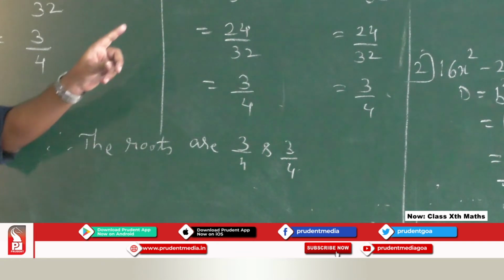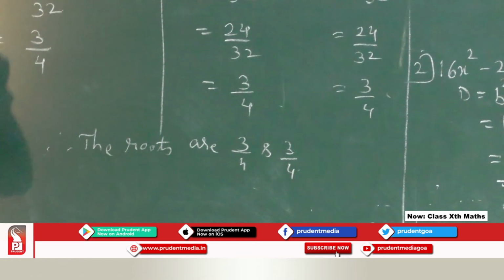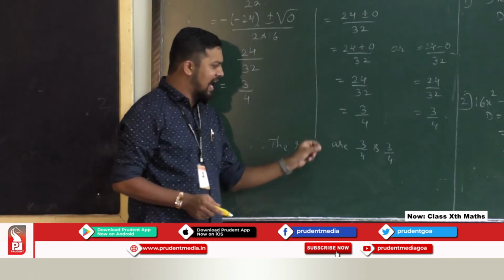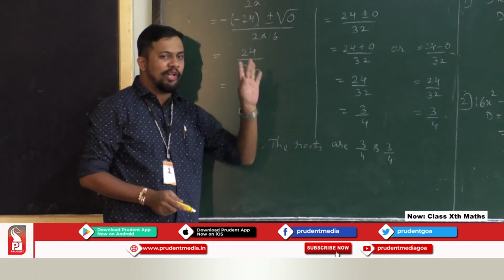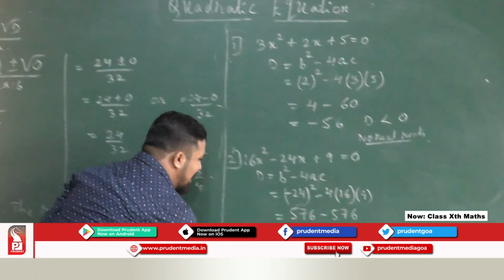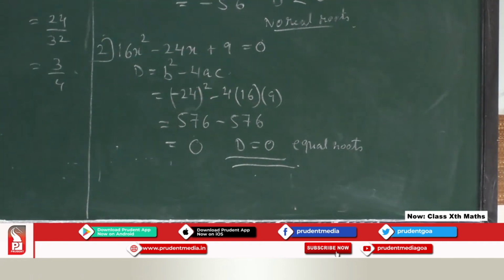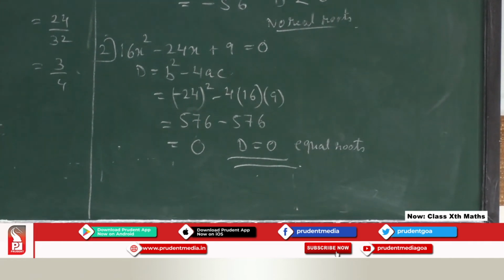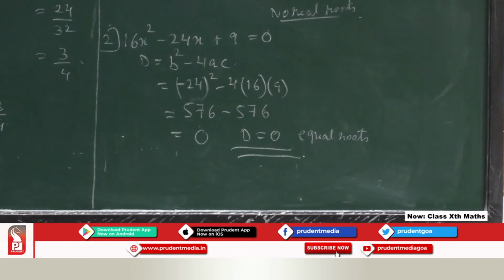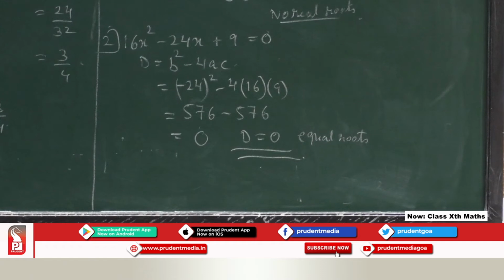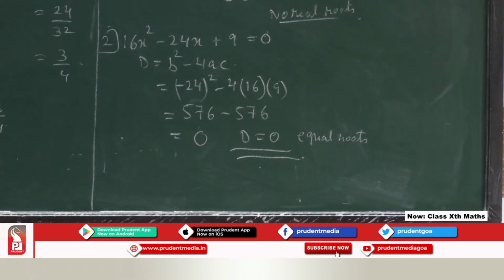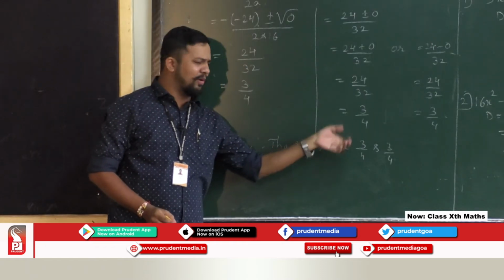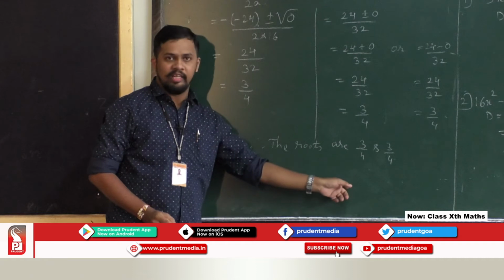Now, from this you will come to know, if I ask you one statement, when a quadratic equation has equal roots, you will know that D has to be 0. So, when the discriminant is 0, that means in your mind it should strike, both the roots will be equal, irrespective of positive or negative, both equal.